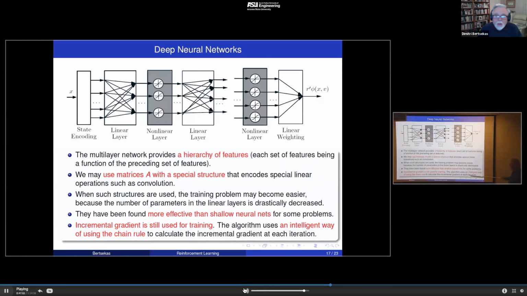And your textbook has a derivation of the formulas for the incremental gradients, and you may want to read that or the other ways of explaining this backpropagation rule, but it's just the chain rule of calculus.